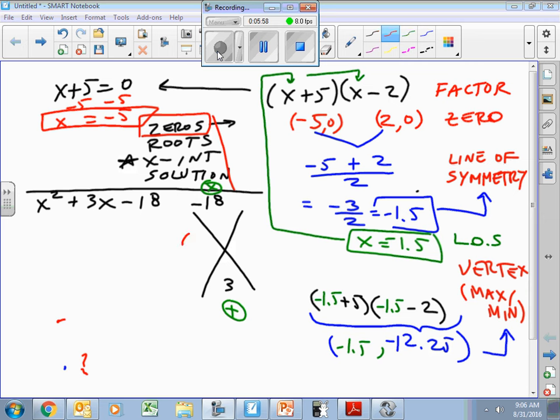6 times 3 is 18. If this is negative, one of these has to be negative. And the rule is whatever the sign is on the bottom number always goes with the bigger one, which means this guy over here has to be negative. It is from Algebra 1 first semester, so it's a long time ago.